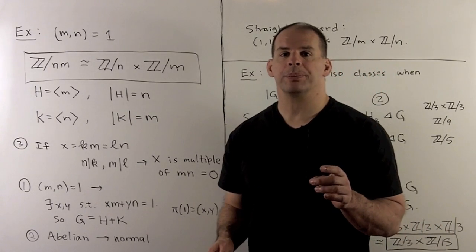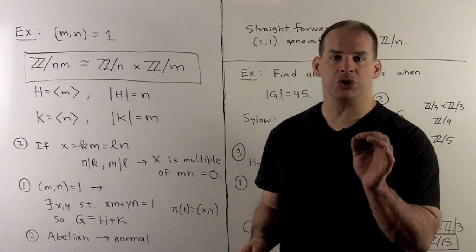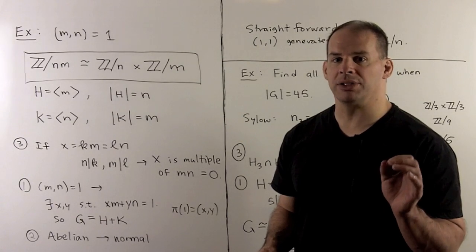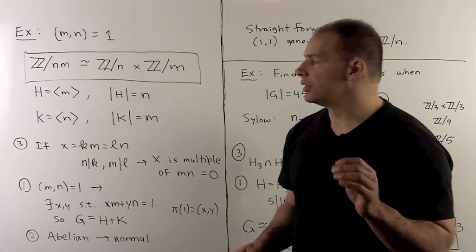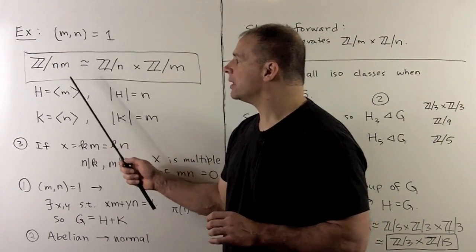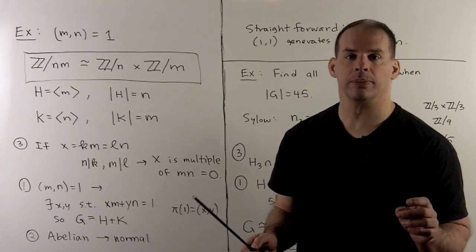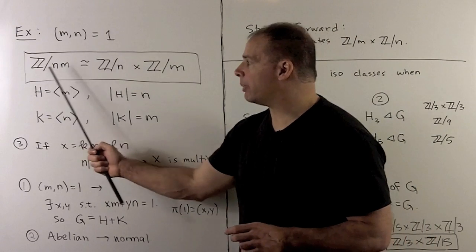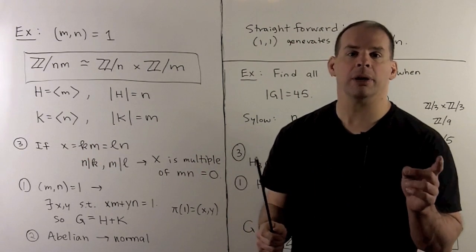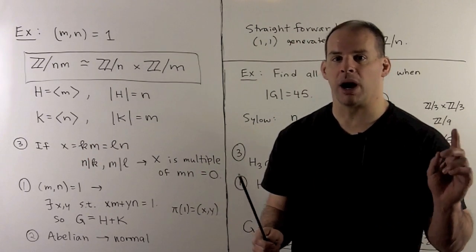For examples, we first choose integers m and n greater than 1 and relatively prime. The statement is that Z mod nm is isomorphic to the direct product of Z mod n with Z mod m. We'll say more about this later, but for here, it's just going to be an application of our proposition.